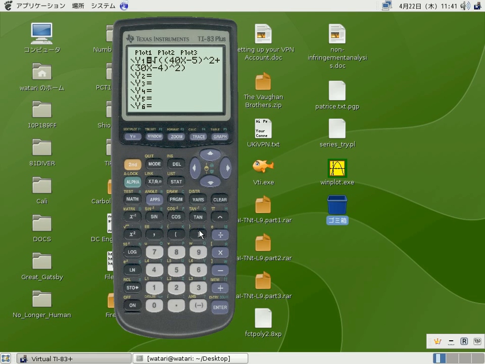And the trickiest thing I found about it was figuring out what the window should be. So initially I did it as zoom fit just to see what we got. So you can kind of see the thing coming down a little past the y-axis. It reaches a bottom point.